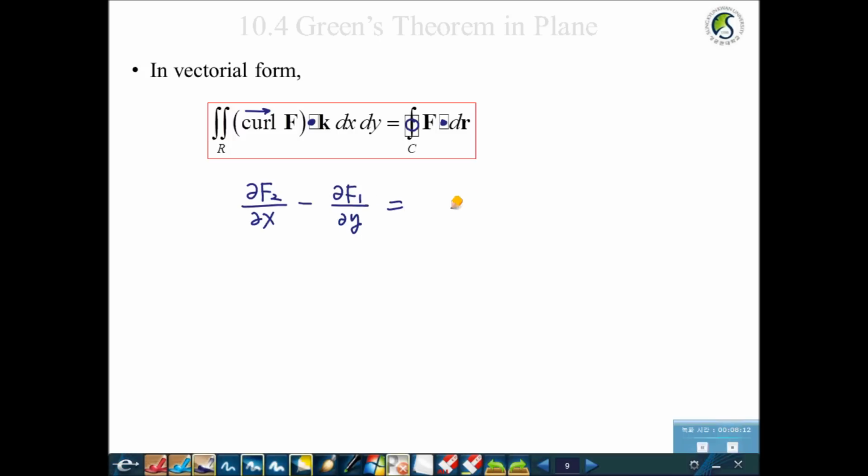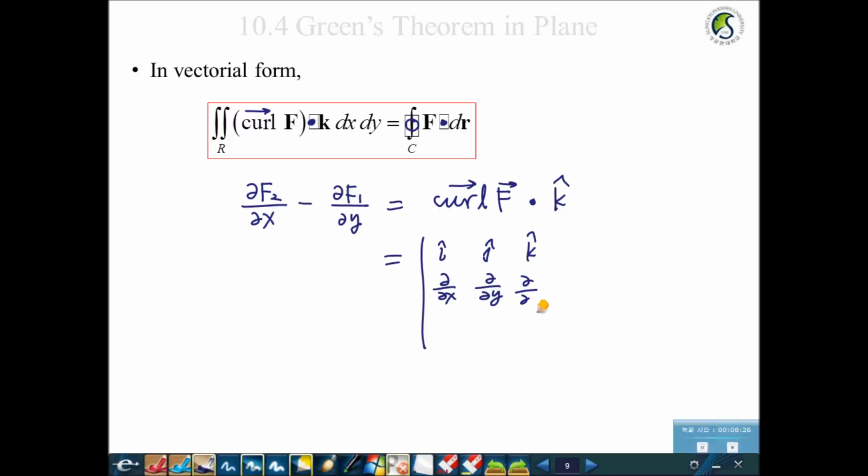That is actually curl F dot k, because the curl is the determinant of i, j, k, ∂/∂x, ∂/∂y, ∂/∂z, f1, f2, f3, dotted with k. Dot with k means this term vanishes, and you have only these two terms left. That's what you get.